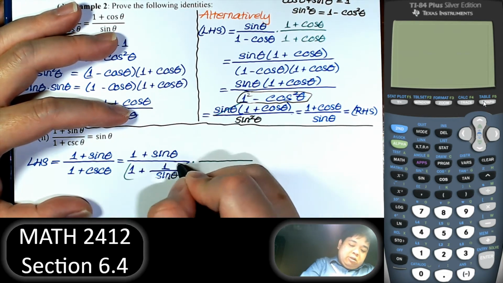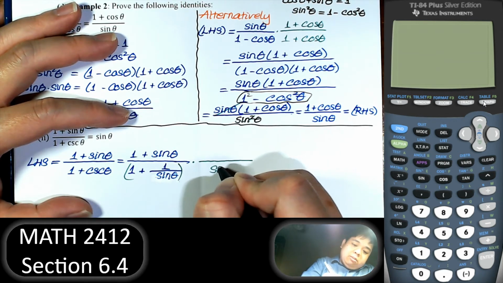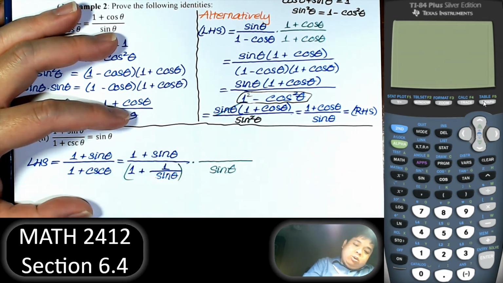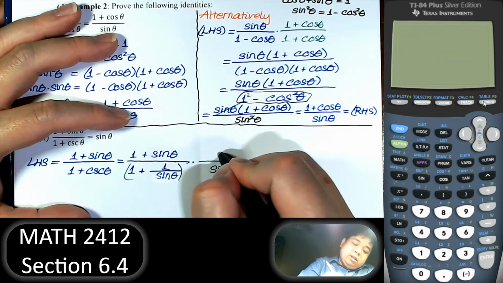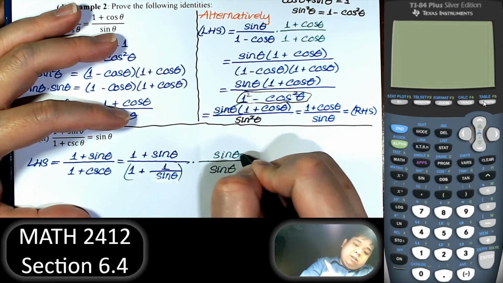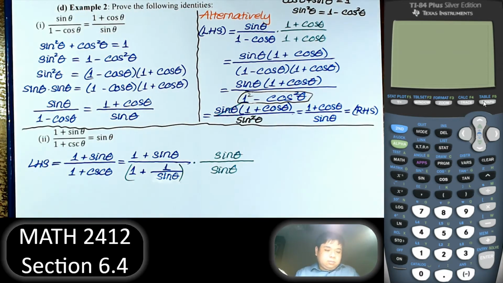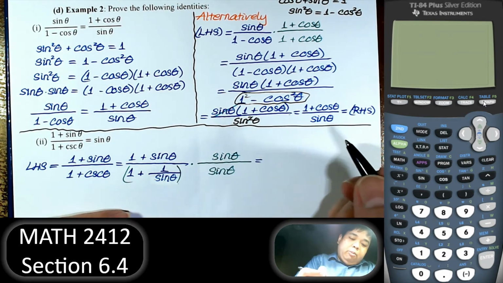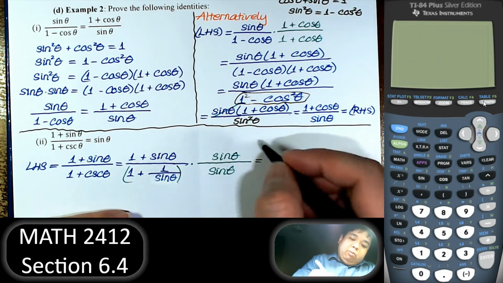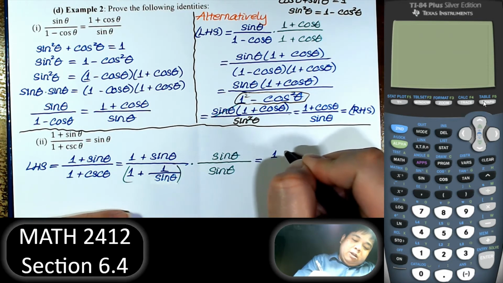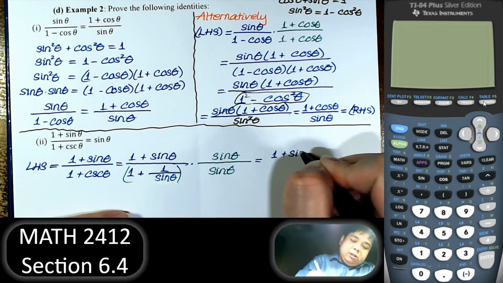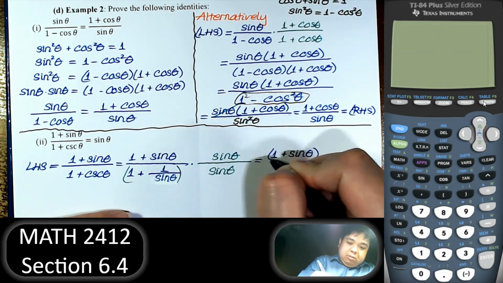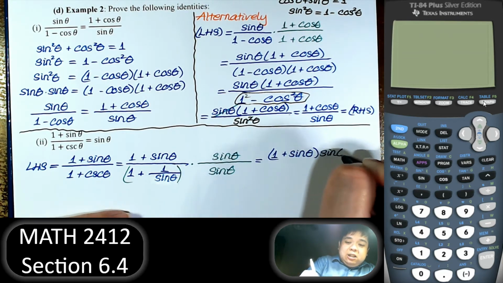So it looks like this is a fraction. If I multiply sine at the bottom, it will cancel with this sine, which is good. Multiply sine at the top. I'll just keep 1 plus sine times sine. I don't multiply it out yet. You know why?